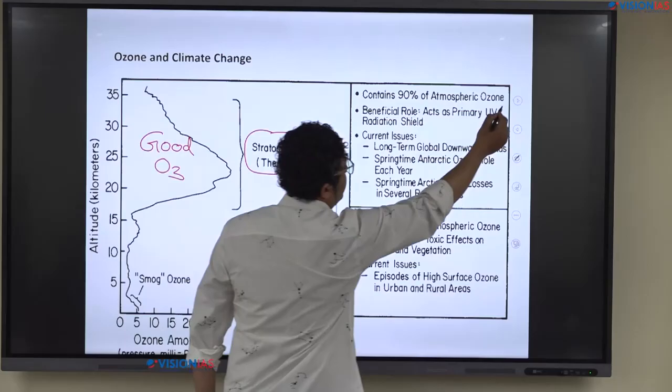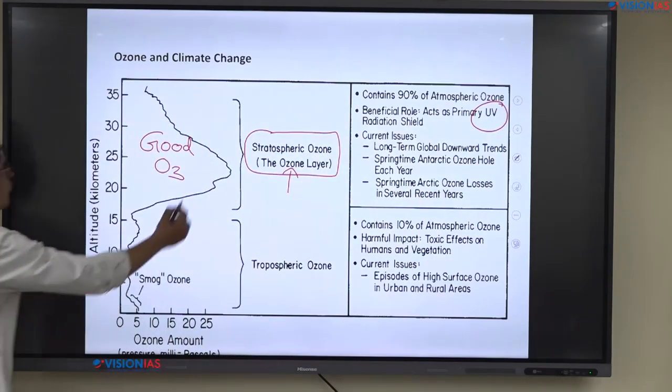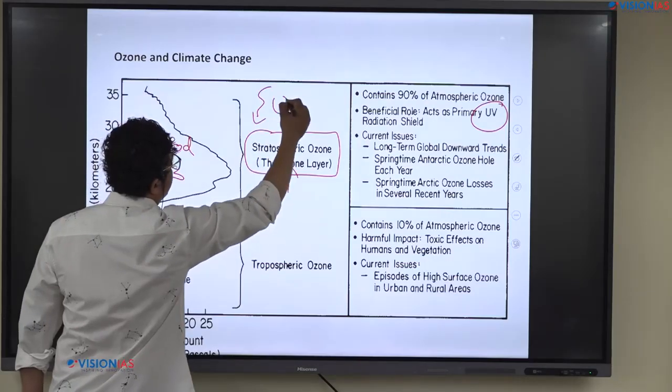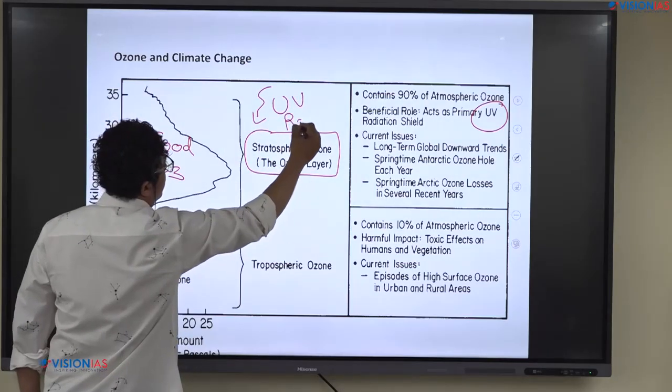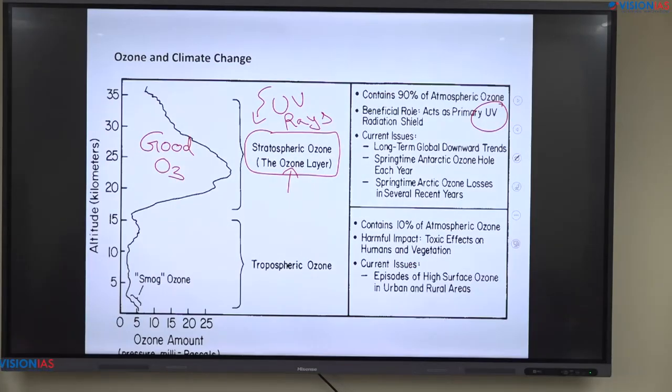Because it protects you from ultraviolet rays, which are coming from the sun. So this ozone protects you from that. It works like an umbrella for you. Otherwise, these ultraviolet rays can cause some health issues.